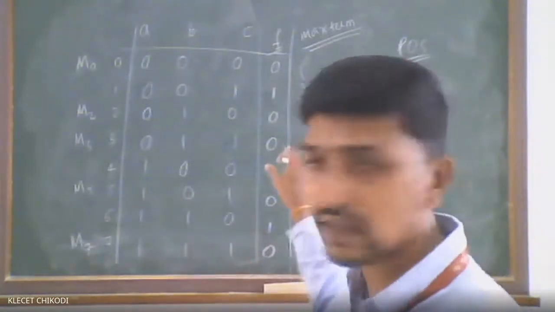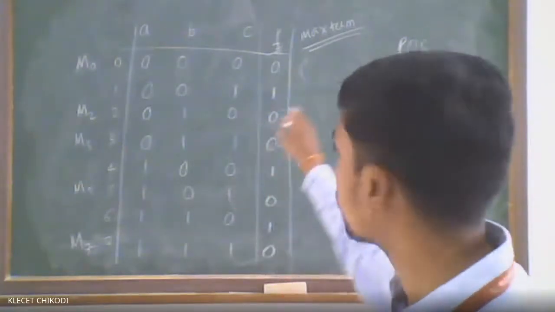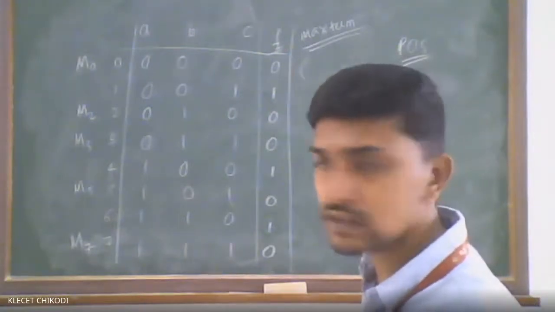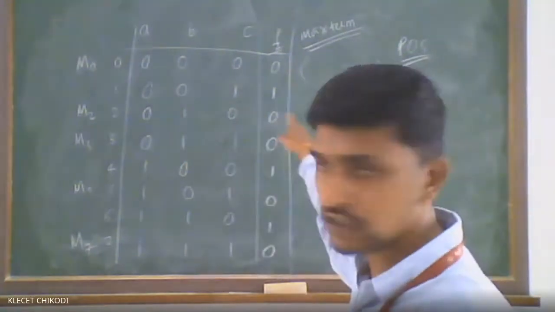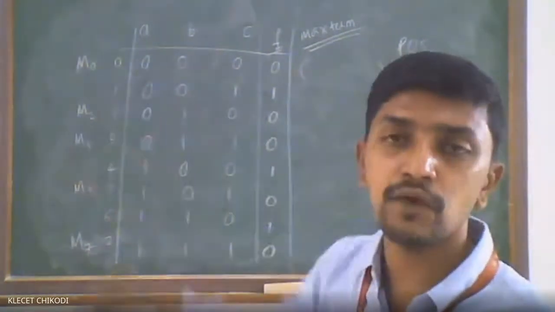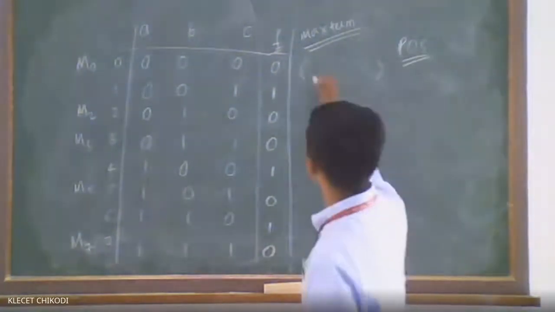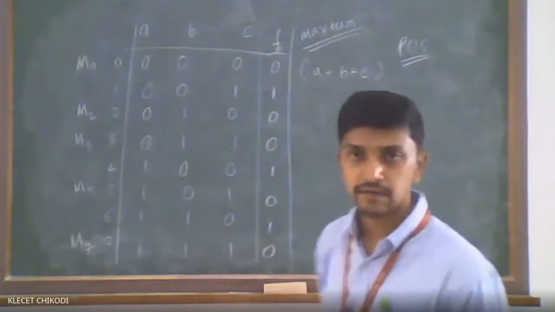Here we have to take the sum terms because it is a POS. Since we have mentioned it as a max term, you have to consider it as a POS term. So for 0, 0, 0, check the POS table which I have taken earlier. It will be small a plus b plus c.